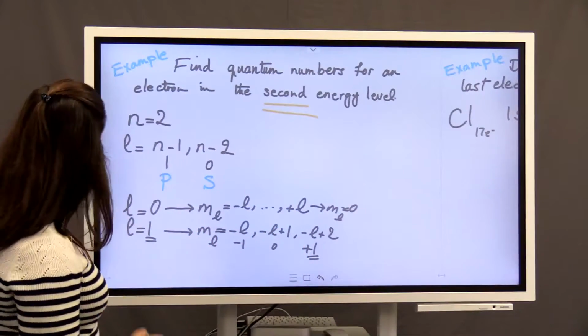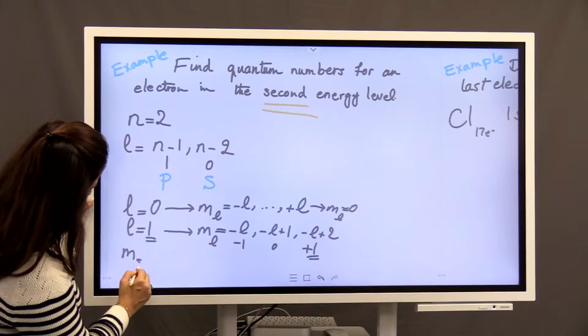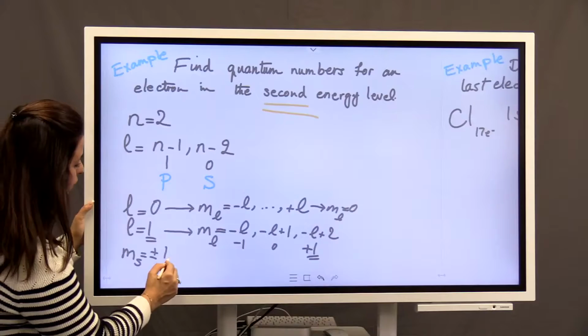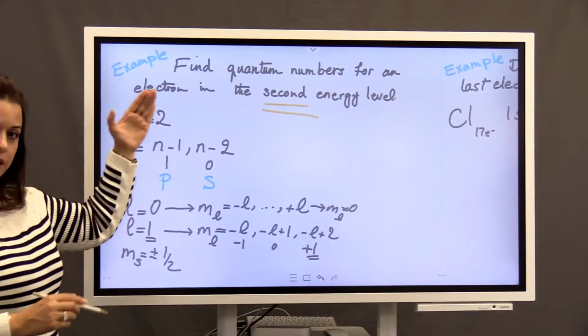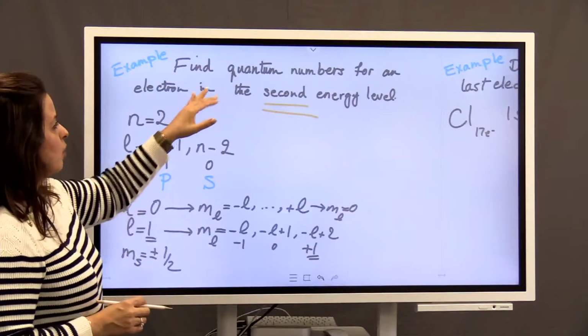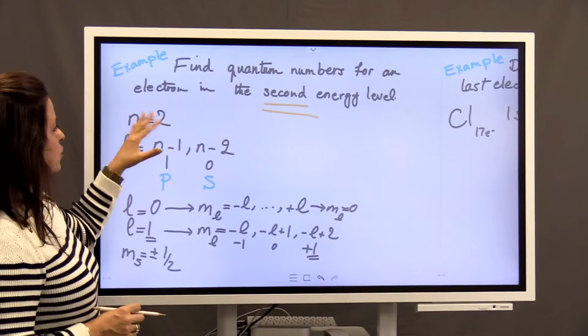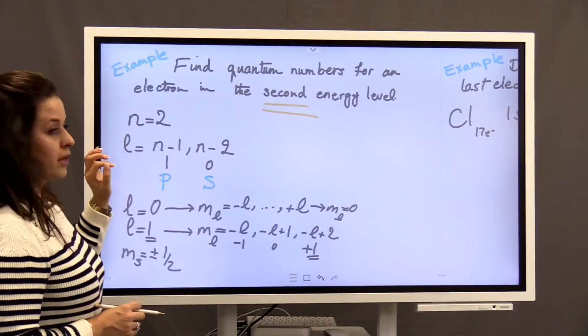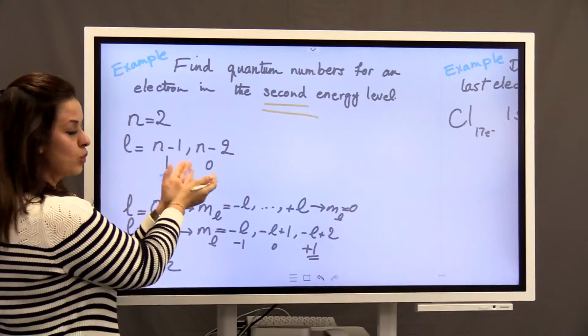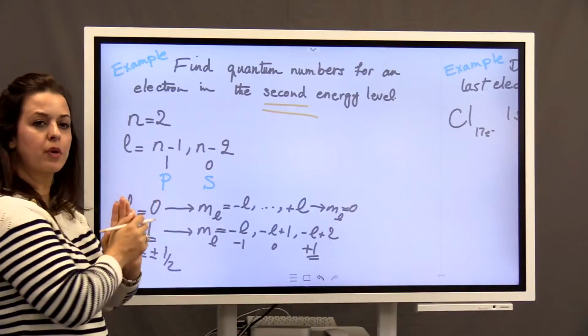And finally, MS, we don't know. It can be either positive 1/2 or negative 1/2. So this is how you can work on a very general question about quantum numbers. When an electron is in the second energy level, we say we don't know. Electron might be in s orbital or might be in the p orbital.